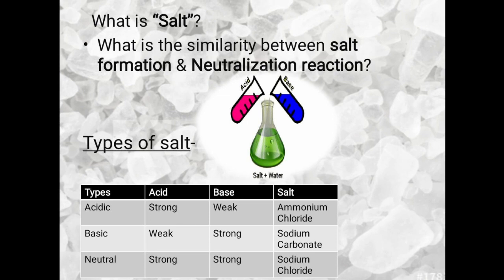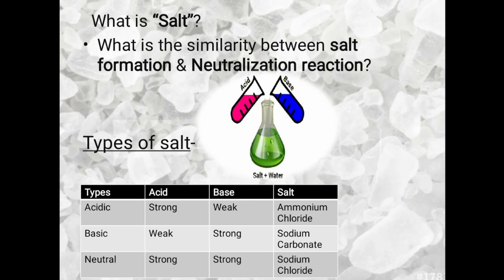A salt can be acidic, basic, or neutral. In the acidic type, a strong acid reacts with a weak base. Here, the strong acid is hydrochloric acid, and let's consider a weak base such as ammonium hydroxide. When they react, the salt formed is ammonium chloride, which we can say is an acidic salt.